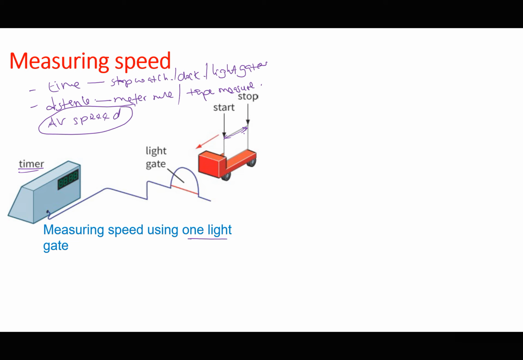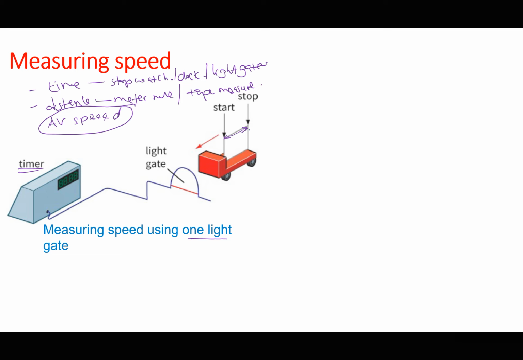I am going to measure the length of the card because the card is going to intercept the light gate for a certain length of time. And the time it takes while intercepting the light gate is going to be the time I'm going to consider for the motion. Then the length of the card is going to be the distance.